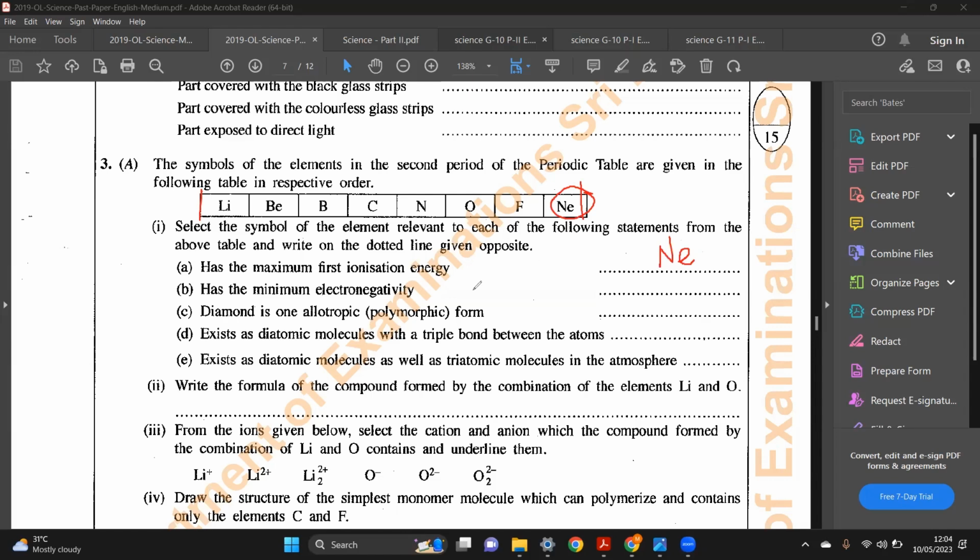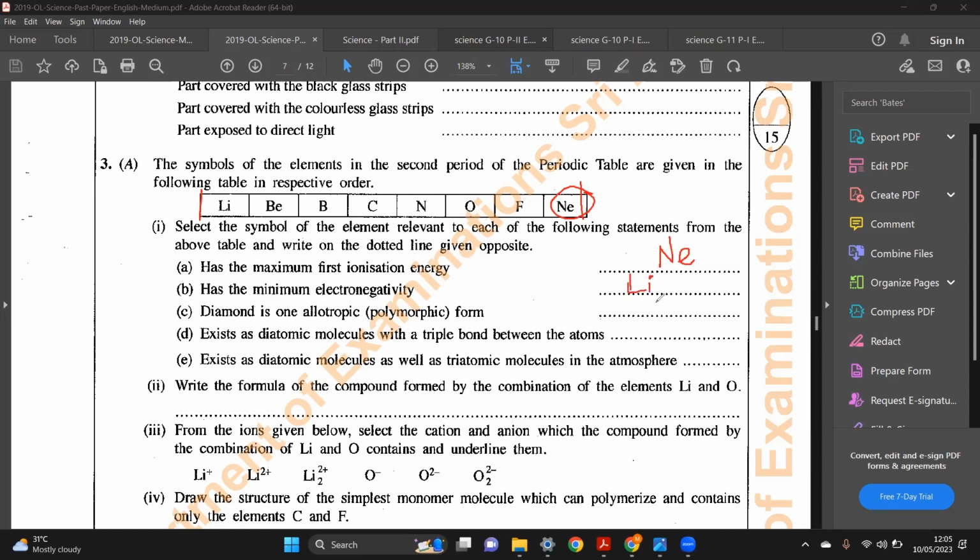Okay. Then when it comes to electronegativity, again in a particular period, the lowest electronegativity is shown by your group 1, highest is shown by your group 7. We do not consider group 8 elements when we talk about electronegativity. So in this case, they've asked you for the minimum electronegativity, so definitely lithium.